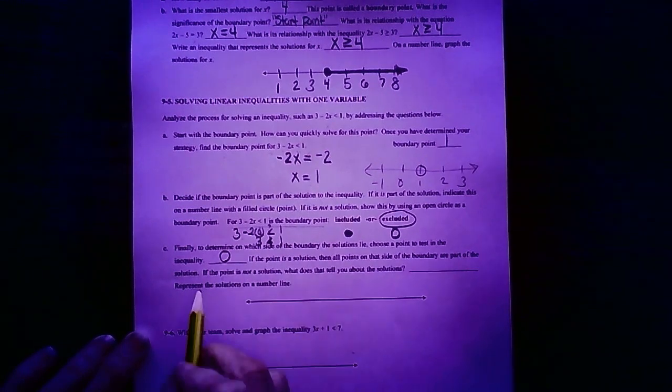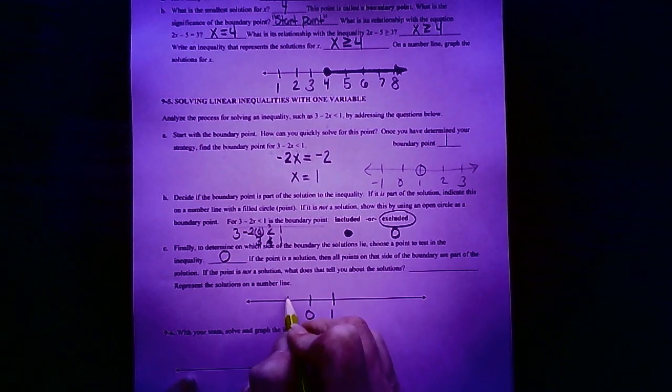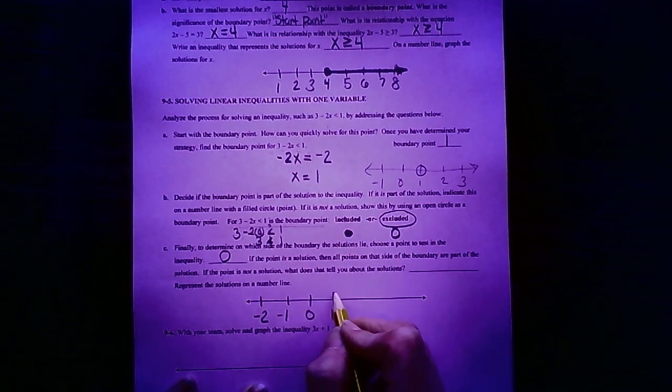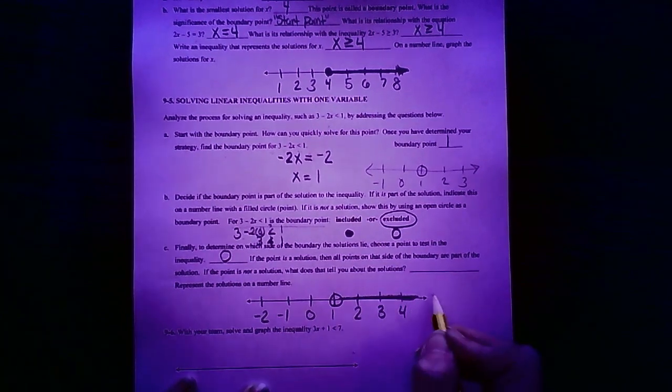So 0 is not going to be part of my solution. So if 0 is to the left, that is not part of the solution. I want to then shade to the right. So I would shade right over here.